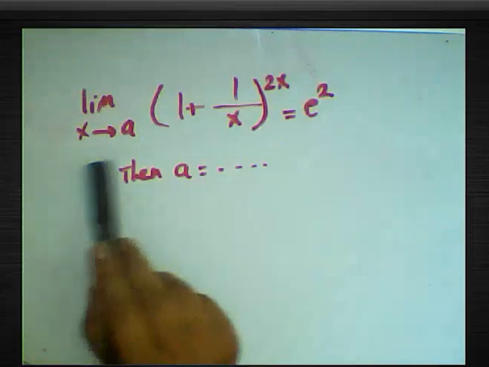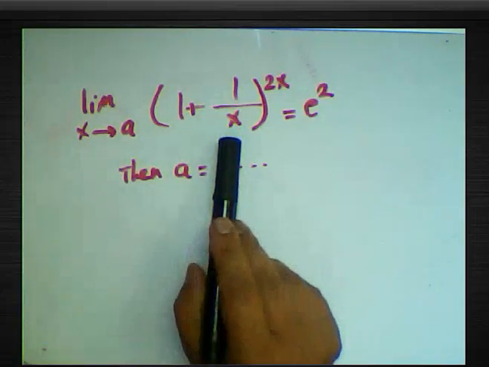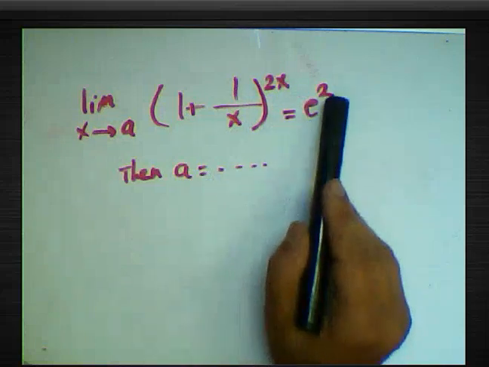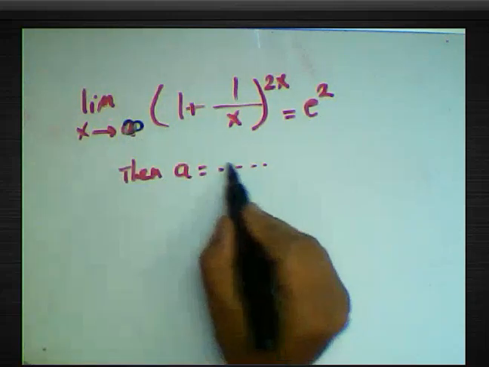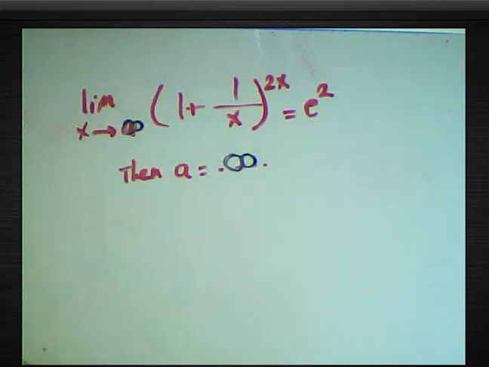Limit as x approaches a of (1 plus 1 over x) all power to x equals e power 2. If x approaches infinity, then a will be infinity. This is the rule. The result will be e power 2.